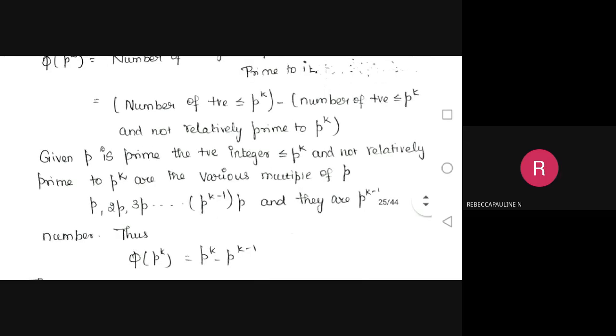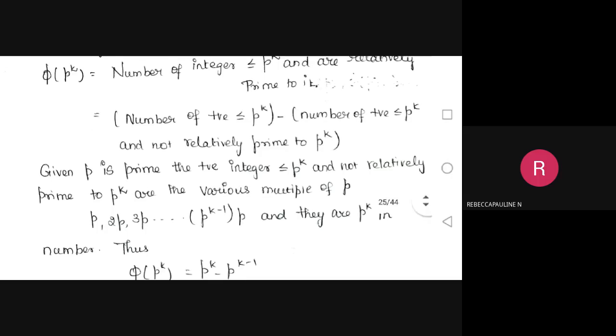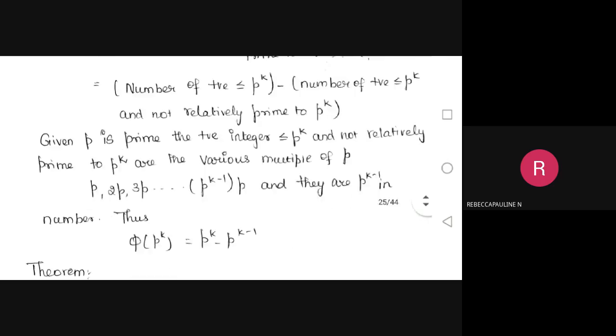Therefore phi of p power k is equal to the number of integers less than or equal to p power k, which is p power k, minus the number of integers which are not relatively prime to p power k, whose count is p power k minus 1.